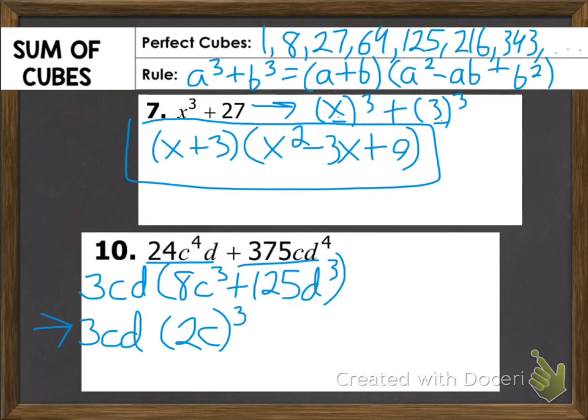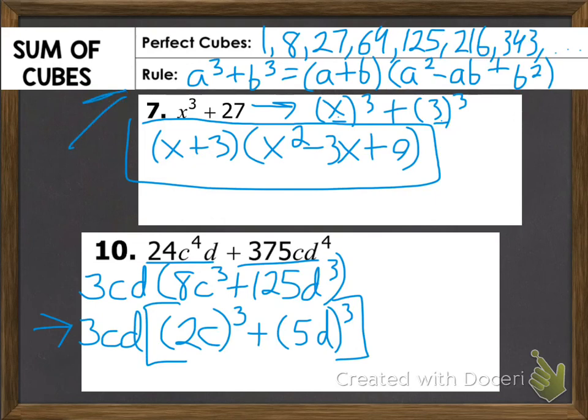So 2c, both raised to the 3rd, plus, and then the cube root of 125 is just going to be 5. And just like we did with our c, do that with the d, raised to the cube. So now we're going to take these two and plug it into our rule up here.